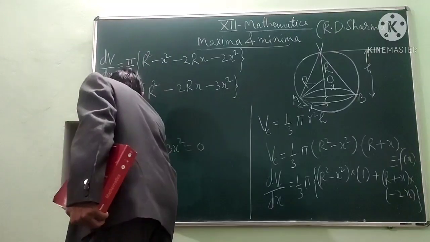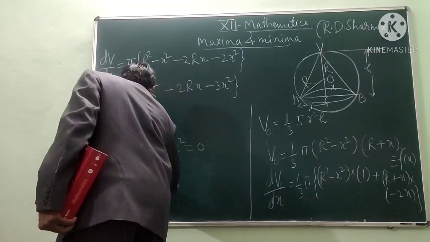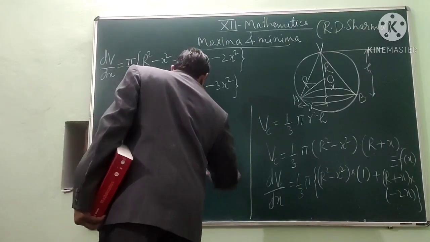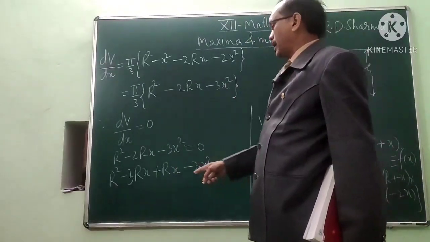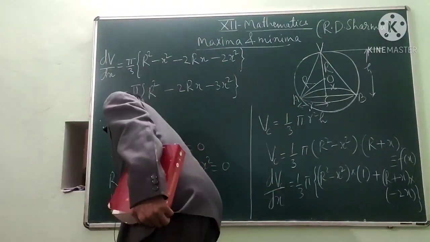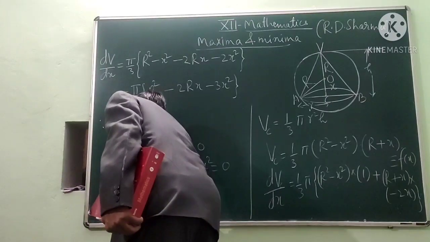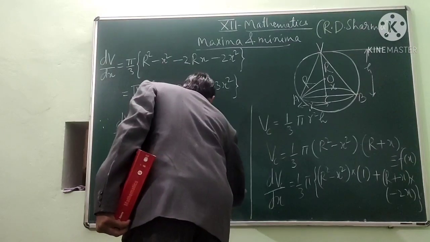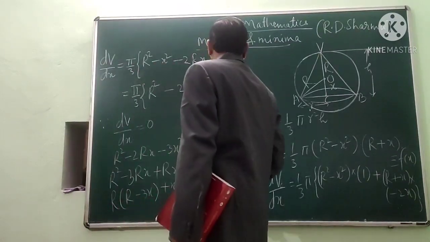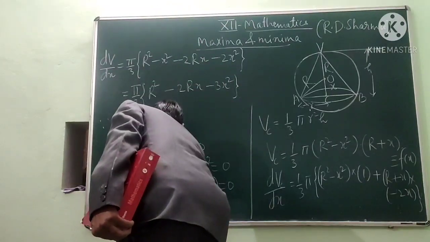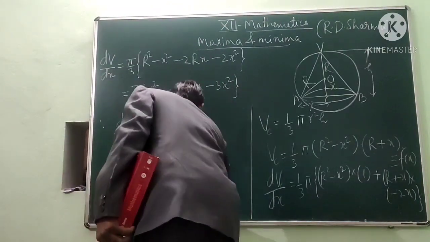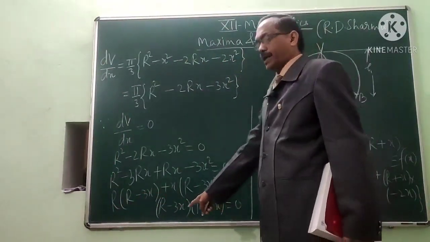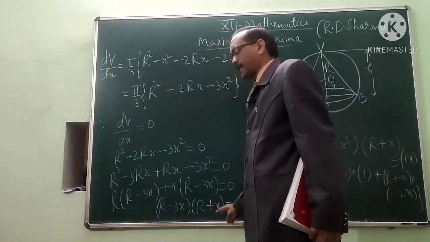Its factors: R square minus 3Rx plus Rx minus 3x square equal to 0. Now capital R is common, so R(R minus 3x) plus x(R minus 3x), (R minus 3x) common, into (R plus x) equal to 0. So the complete factor is (R minus 3x) into (R plus x).